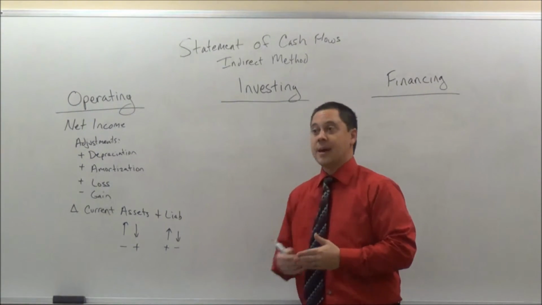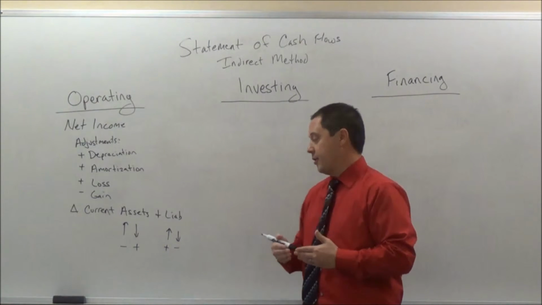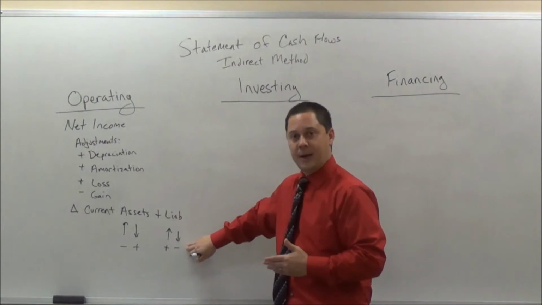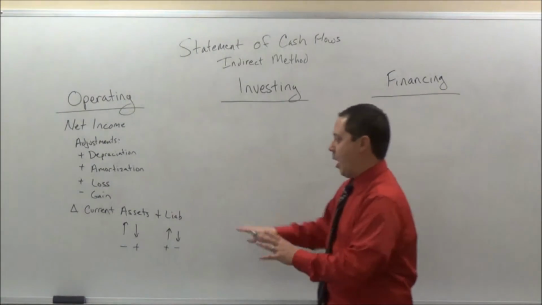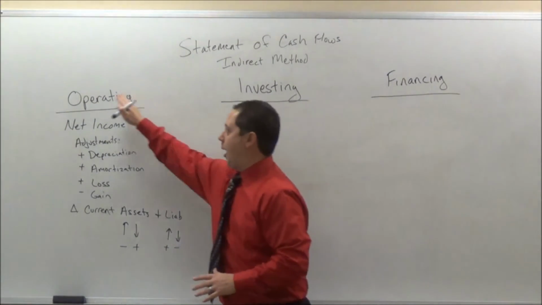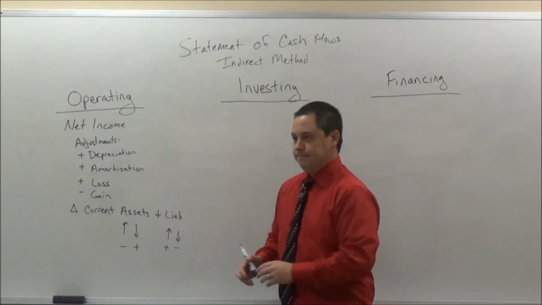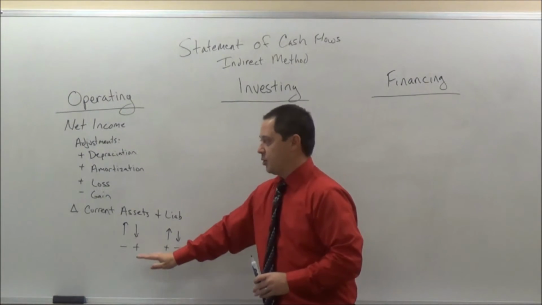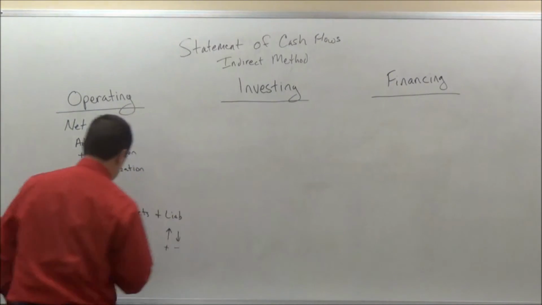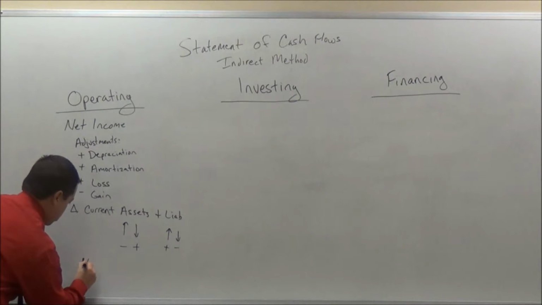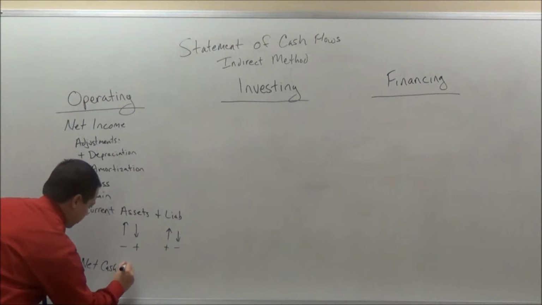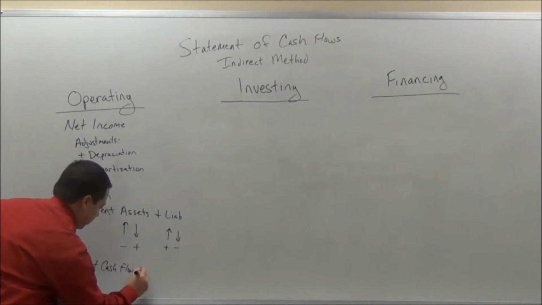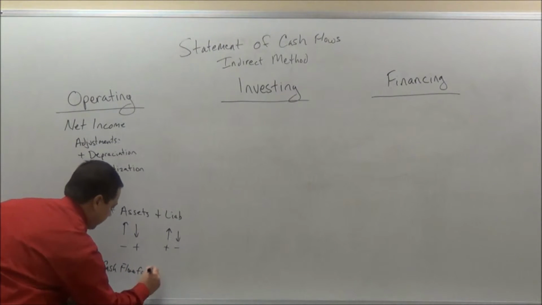If I have a decrease, that means I paid it using my cash. Therefore, I have less of my cash. So that's why we're taking it away. And that's kind of how it works through the operating cycle here. And that's what you'll figure out at the bottom here. It'll be your net cash flows for operating activities.